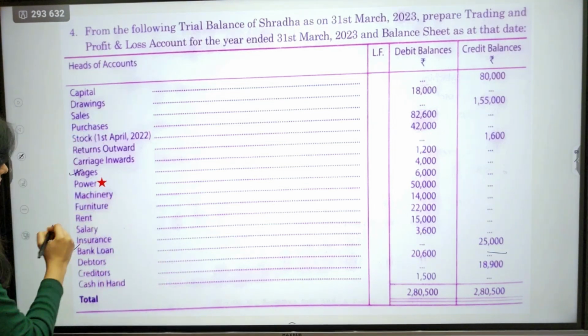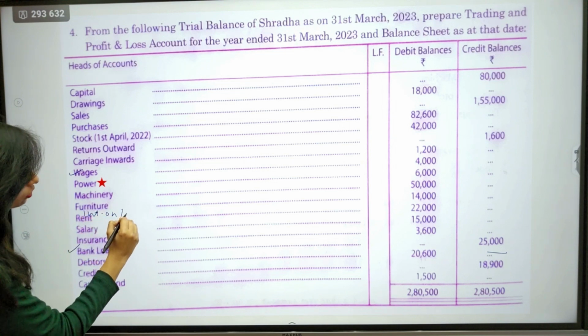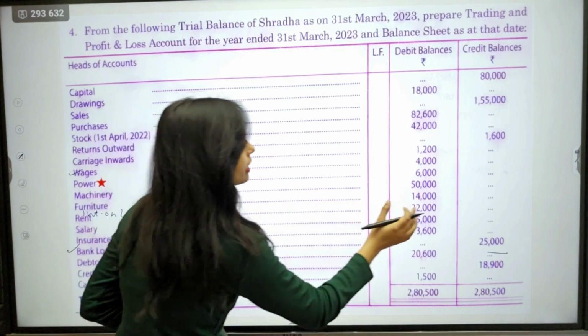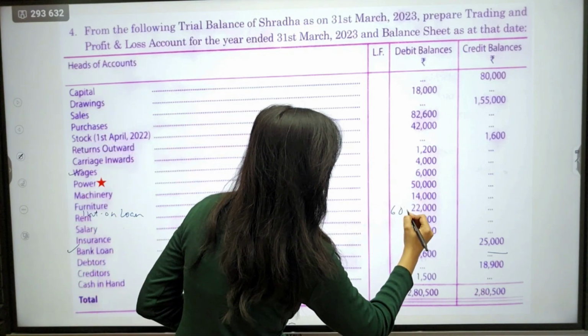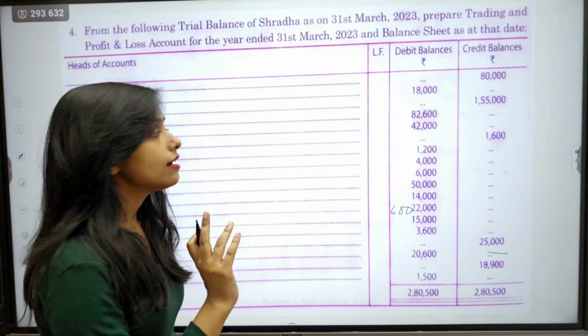So suppose there was one point over here, interest on loan, and in the debit side they would have written, suppose 600 rupees. Then what would we do in the PL account side?